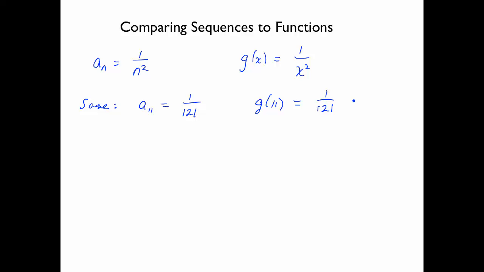So the conclusion here is that f of c is the same as a sub c, or g, actually in this case g. So the value of the function when the independent variable is c is the same as the cth term of the sequence.